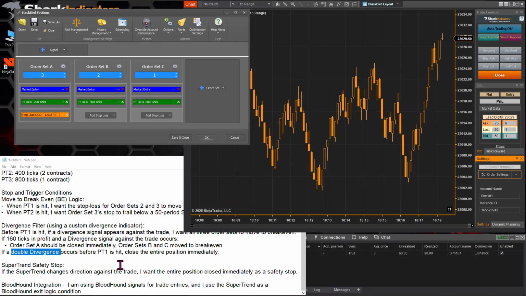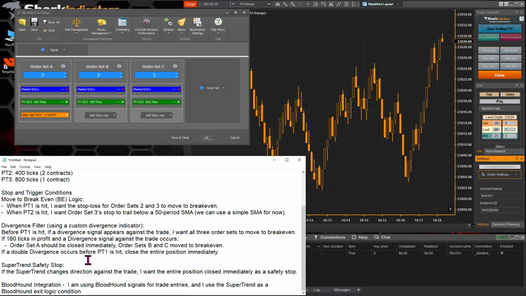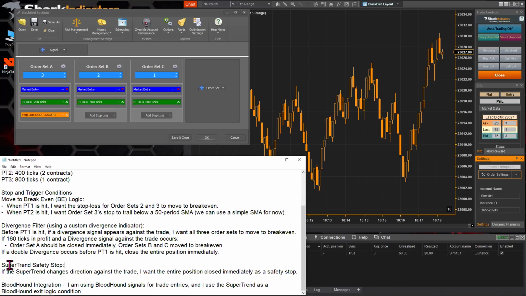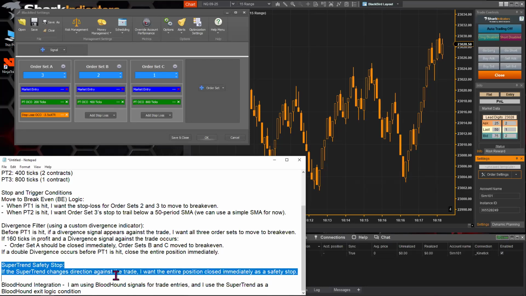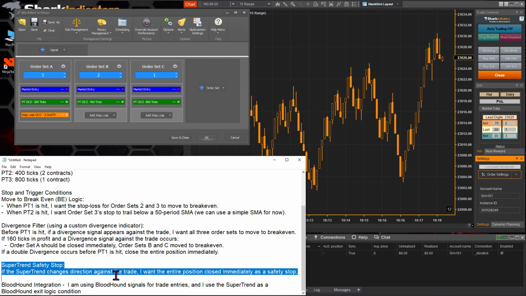Before I do that, let's take a quick look. We do have a super trend that's being used also to just bail on the trade, just close everything out. We'll get back to this in a moment. This does not need to go into the stop loss.